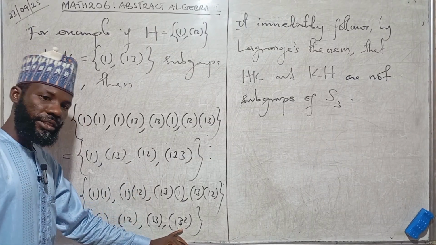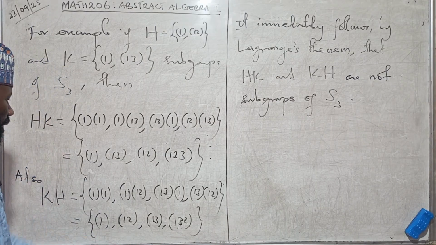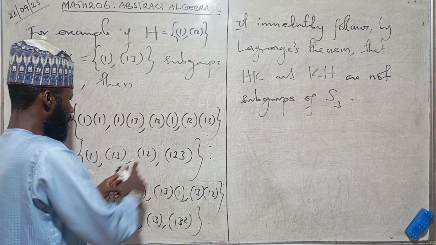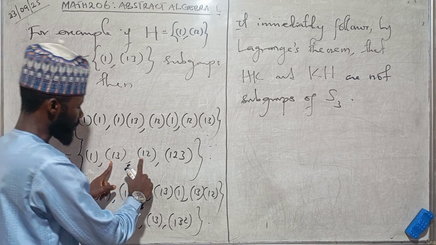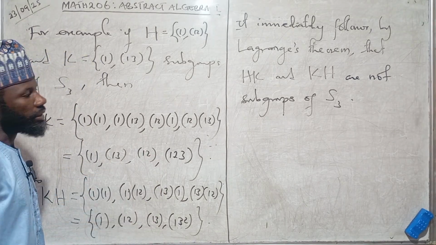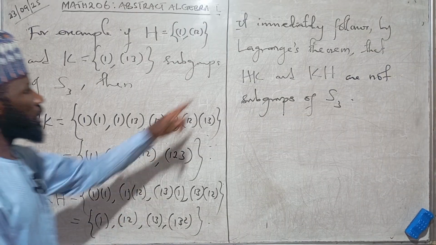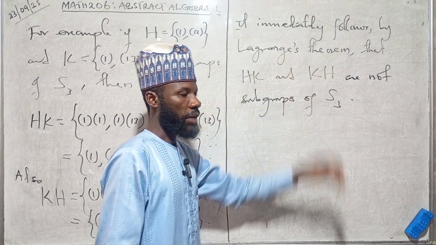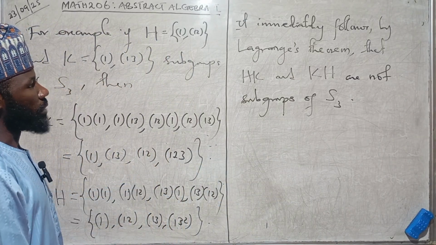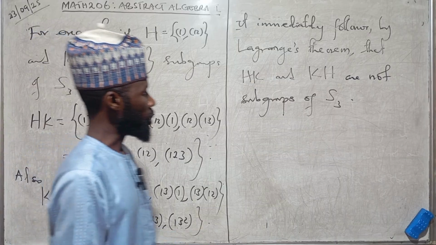Likewise, here the inverse is not there, and so on and so forth. And for example, closure does not hold here, because if you multiply (1 3) with (1 2), it gives you (1 3 2), and it's not there. You can do that, but there is nothing wrong with quoting Lagrange's theorem, since we have learned it, and then you can just make use of whatever you learn to progress in the theory.